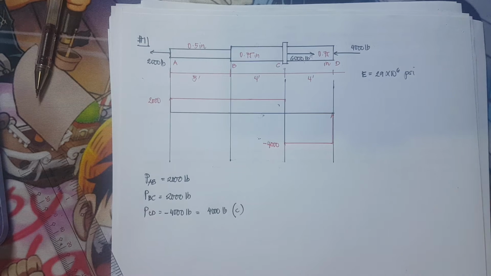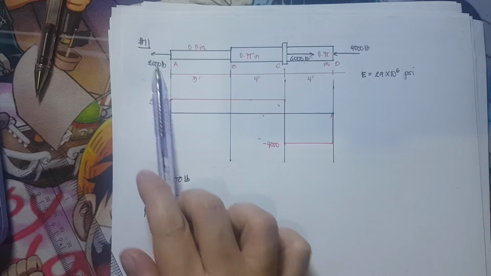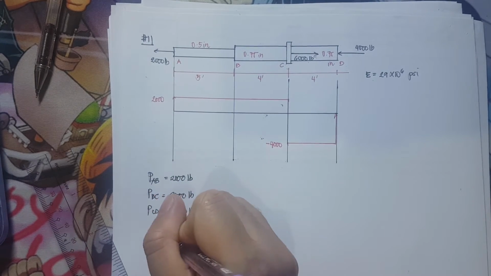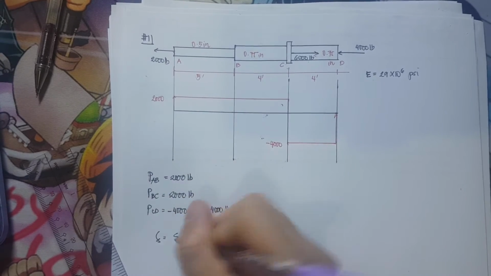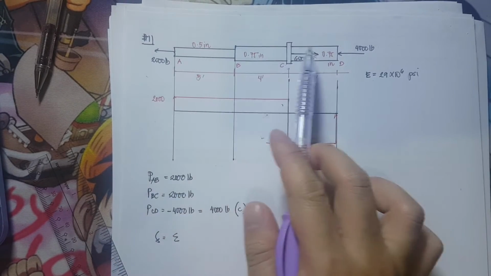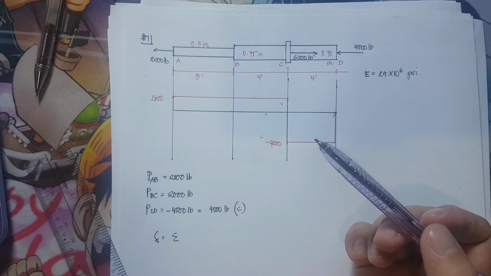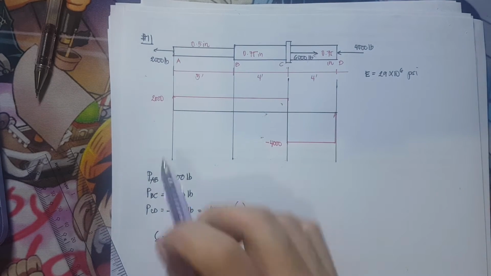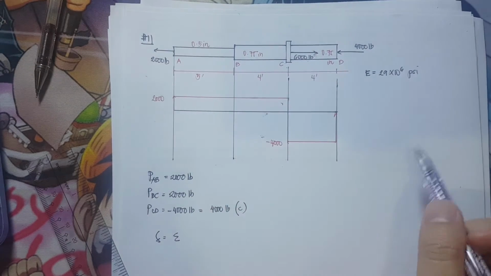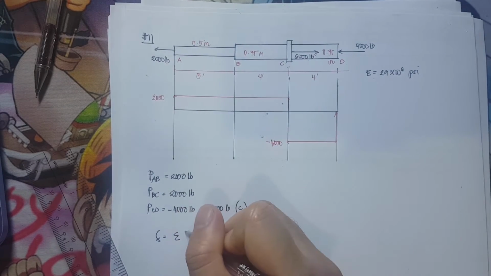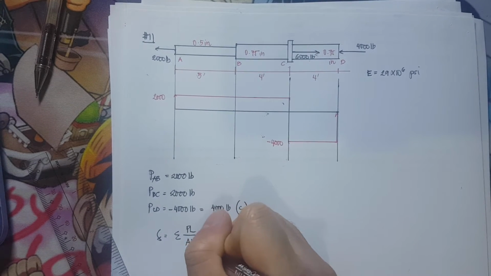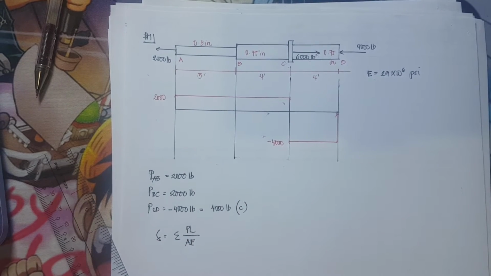Okay, so to get the total deformation of this propeller, we are just going to simply get the summation. So the deformation is simply the summation of all of the deformations on these three segments. So A to B, B to C, C to D. So that would be the summation of PL over AE. Okay.